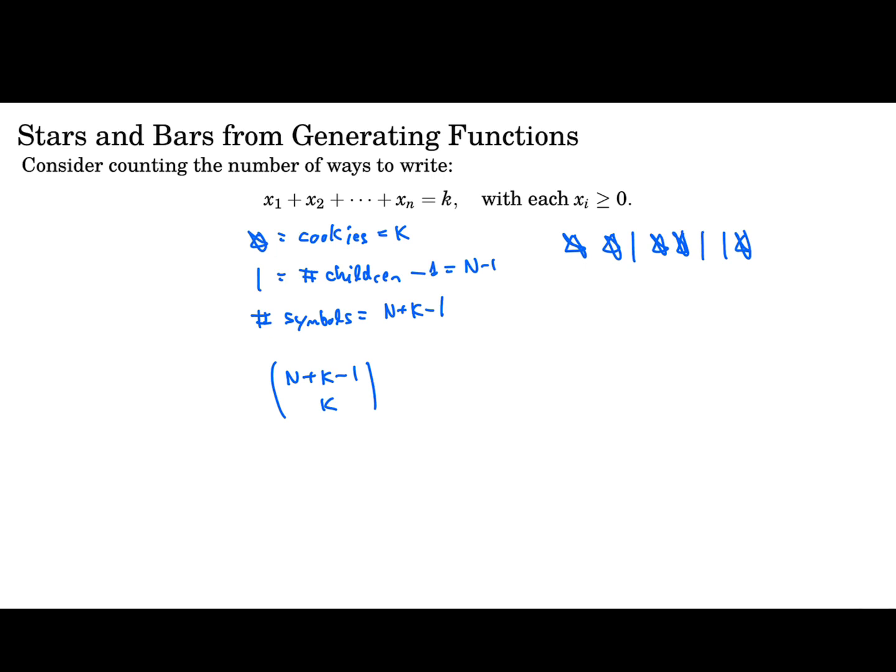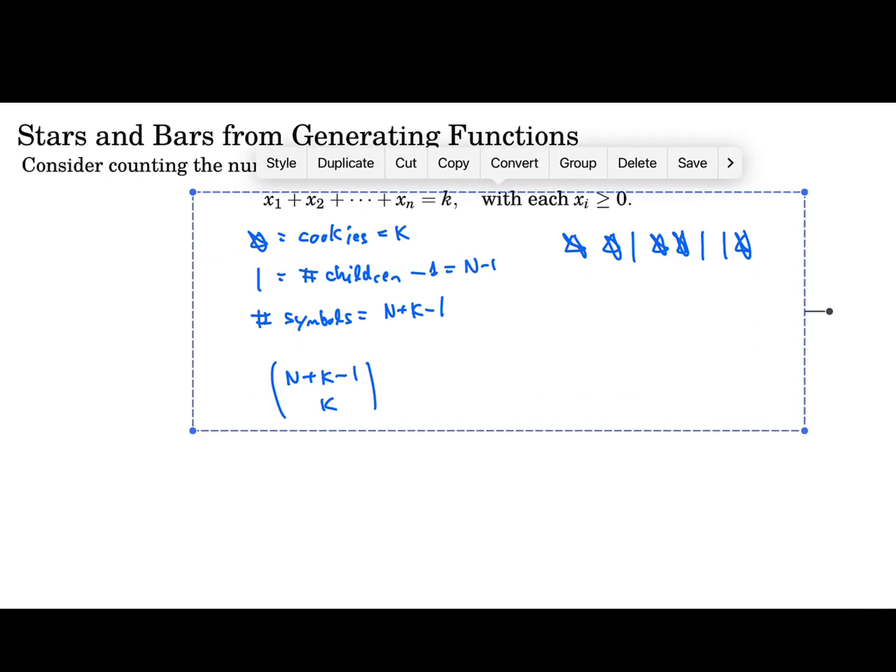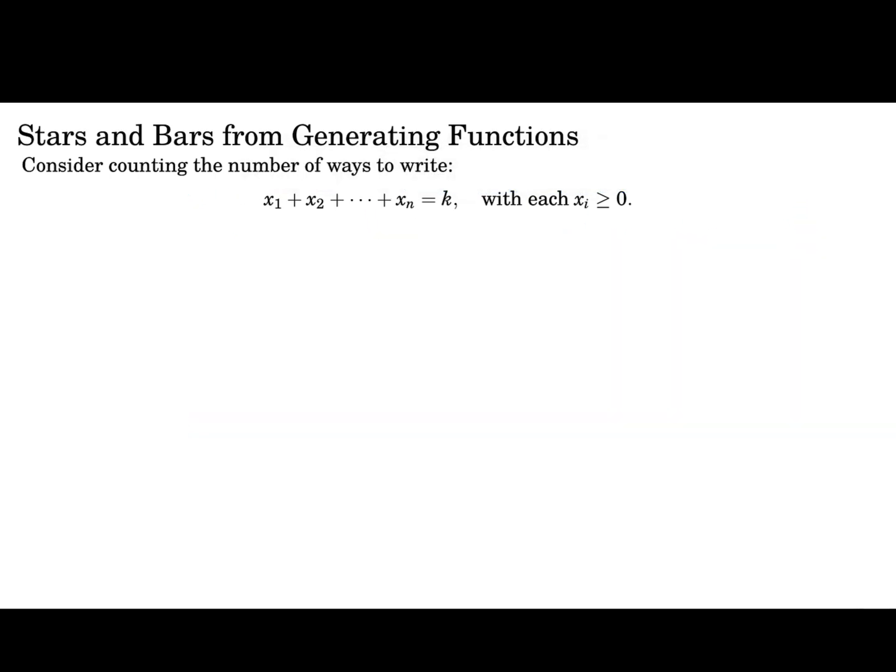Now we're going to show how to solve it by using generating functions. So the way we do that is we need to associate a generating function to this problem.